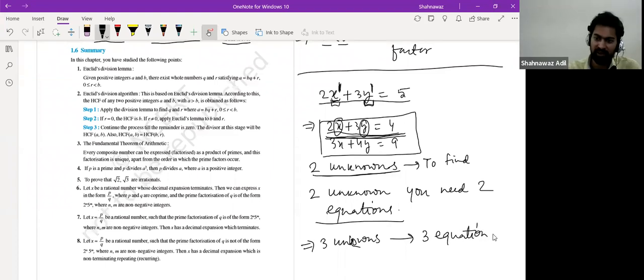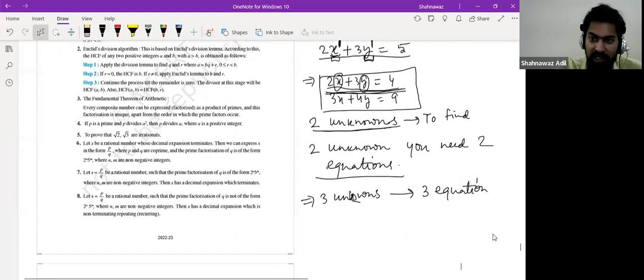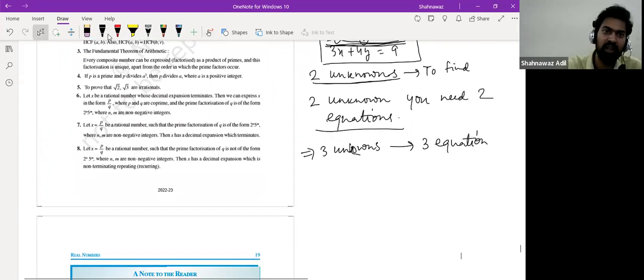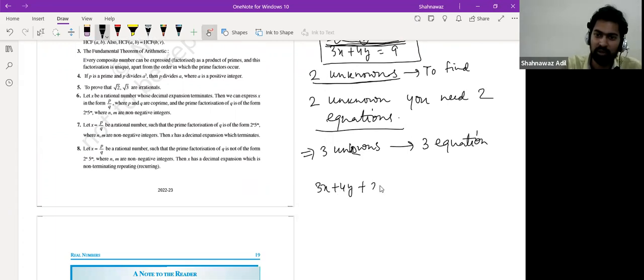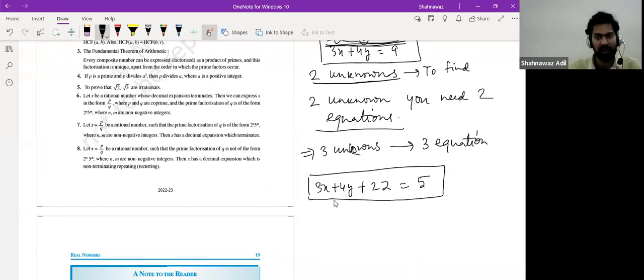So let's say you have a linear equation in three variables, like 3x plus 4y plus 2z equals, let's say, 5. To solve this equation, how many unknowns do you have? Three. And is it a linear equation? Yes, sir.